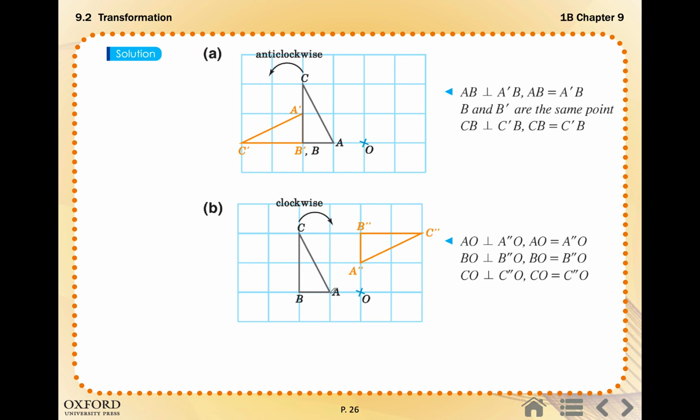Then you have to consider the three vertices here, A, B, and C. First of all, let's look at A. Then I may join the line segment A and the fixed point. And for part B, I know that I have to rotate it in the clockwise direction. That means this direction for 90 degrees.